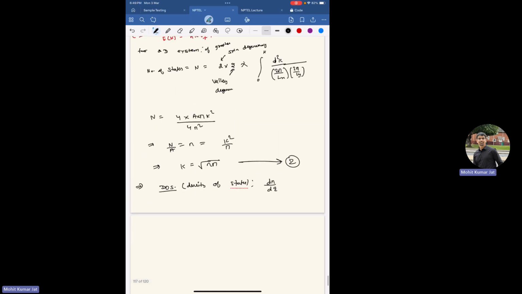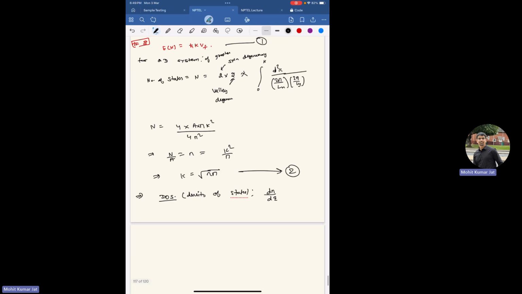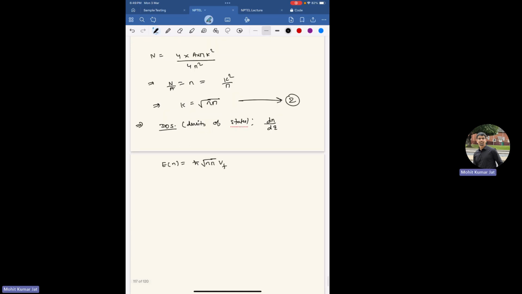That's the density of states meaning. So if I take E of k, instead of writing E k, let E n equal H bar k, that is root n by Vf, and del E by del N is nothing but H bar Vf.